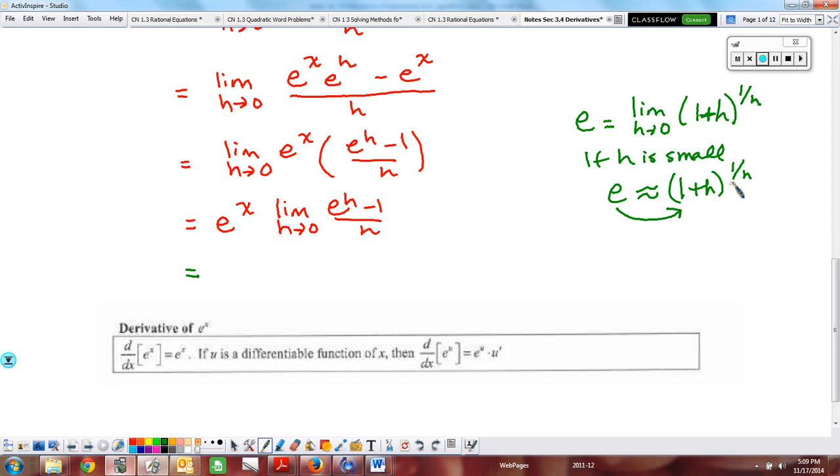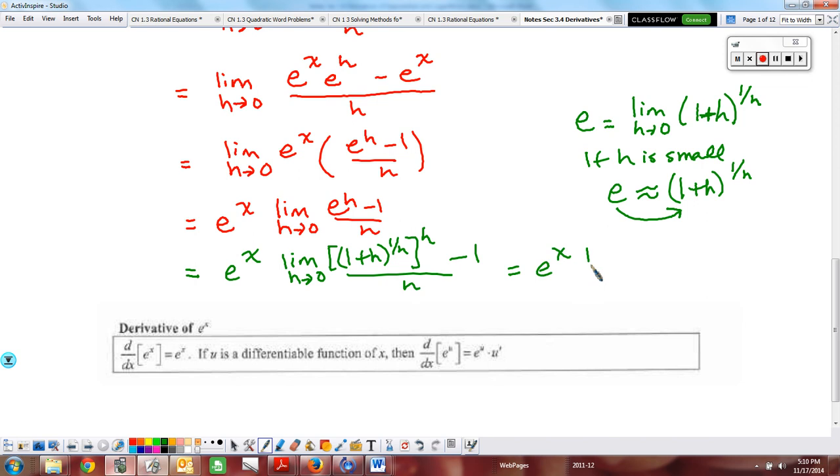As h goes to 0, this is going to go to e, so I can go ahead and make that substitution. So I have e to the x, limit as h goes to 0 of ((1 plus h) to the 1 over h) raised to the h, because it's e to the h, minus 1, all over h, which becomes the limit as h goes to 0.